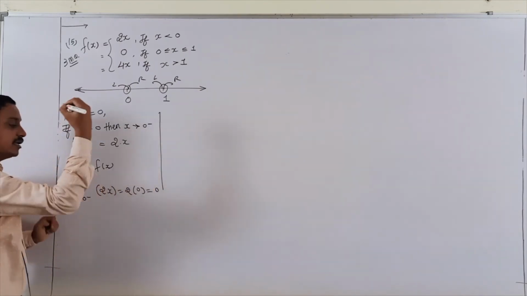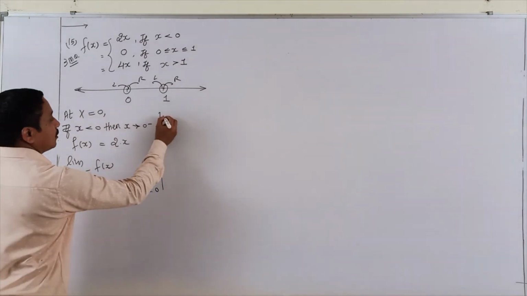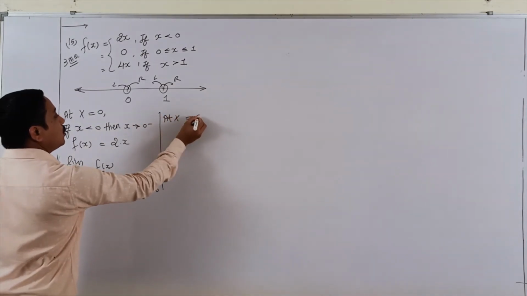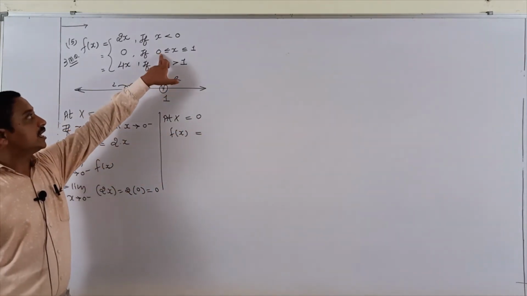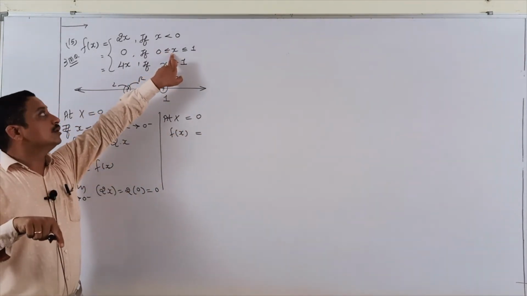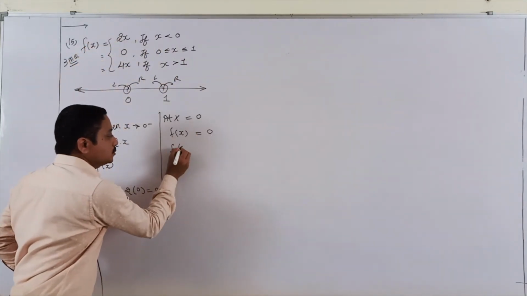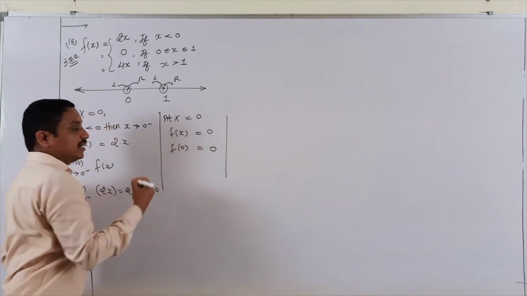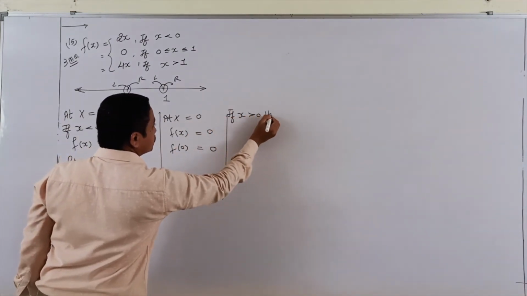So 2 into 0, my answer is 0. Continue, at x is equal to 0, what is the function? Students, read your question. Yes, here 0 or equal to means this function I take at x is equal to 0. f(0) is definitely 0.